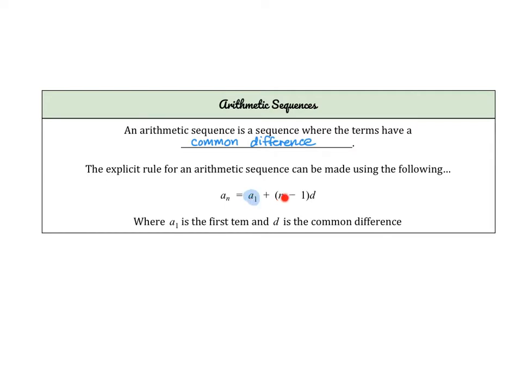N is the position in our sequence, right? And then we also need to find out what d is, and d is that common difference. So if you can find what the first term is and what the common difference is, we can use this formula to help us write the explicit rule for any arithmetic sequence.